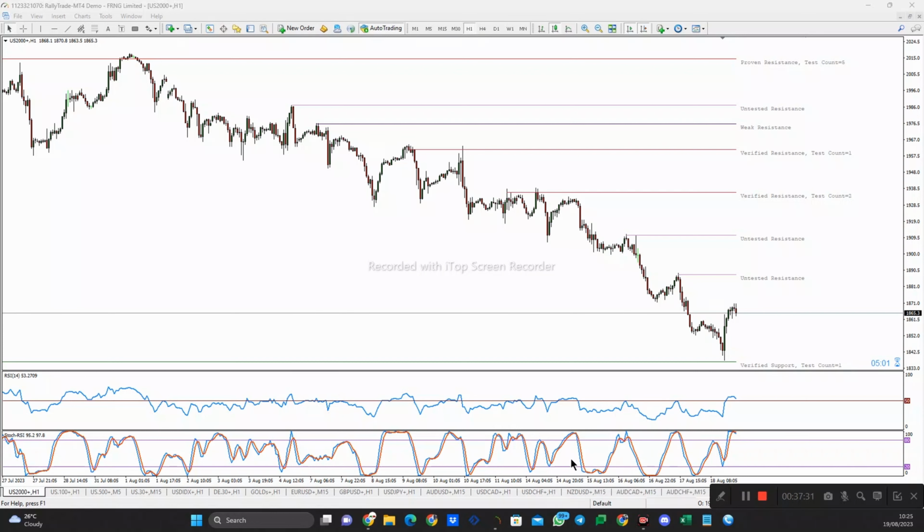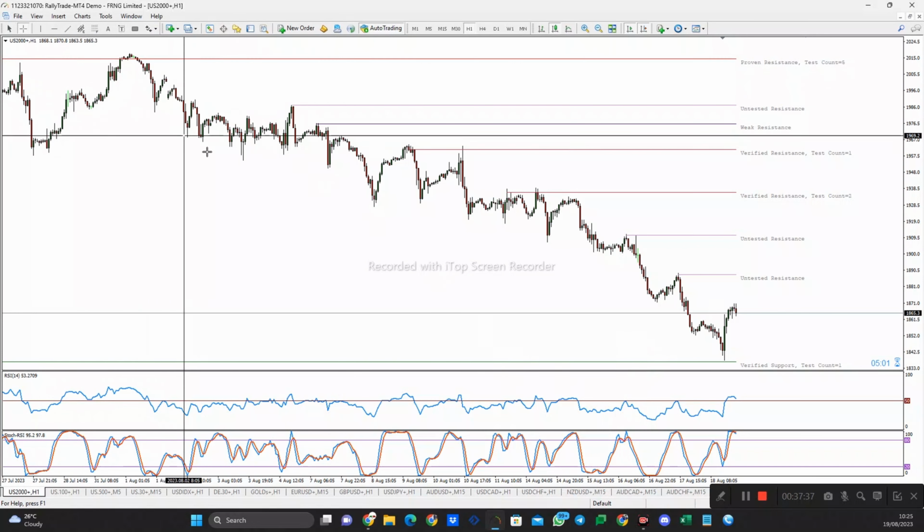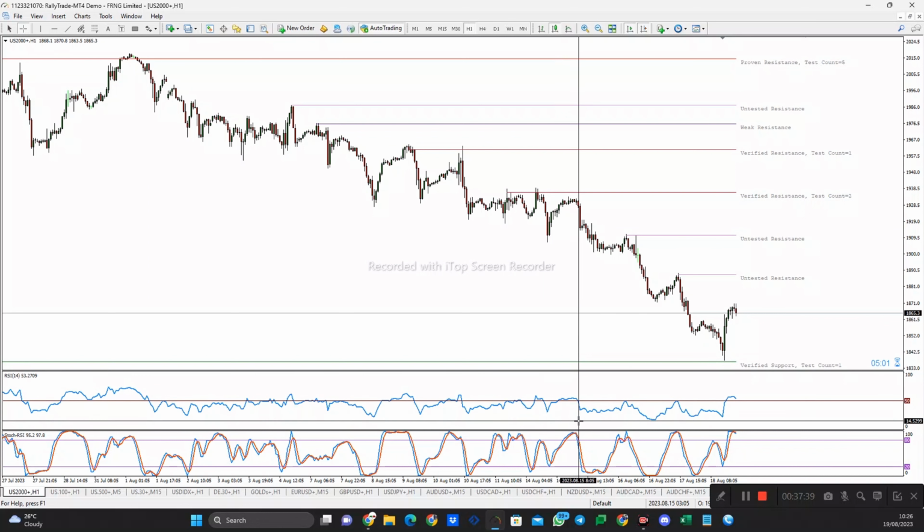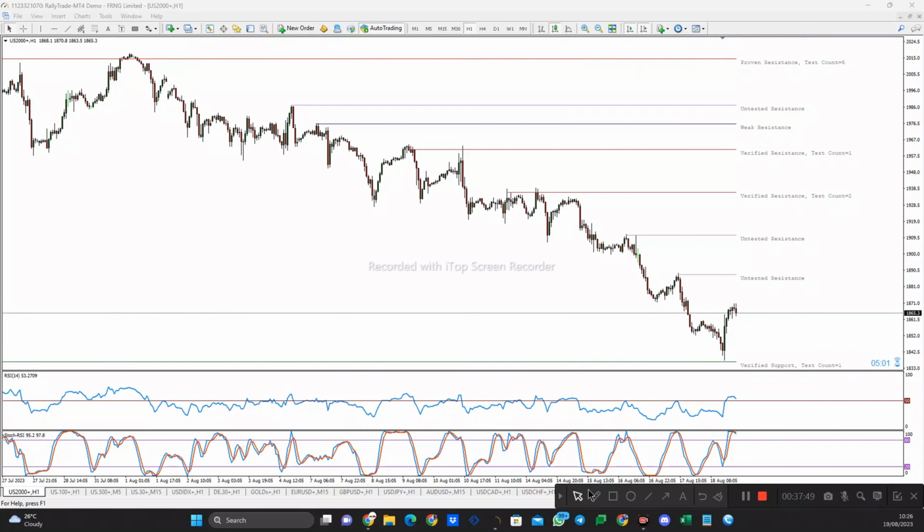Now on 1 hour, I want to show us the previous downtrend, because price is currently on an uptrend. This downtrend started from here.